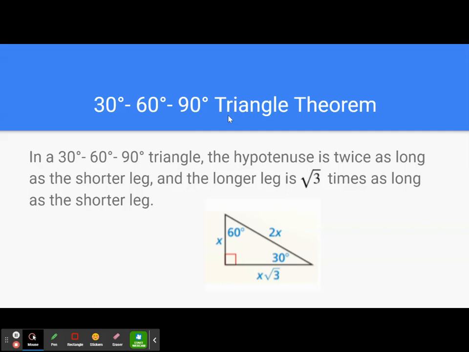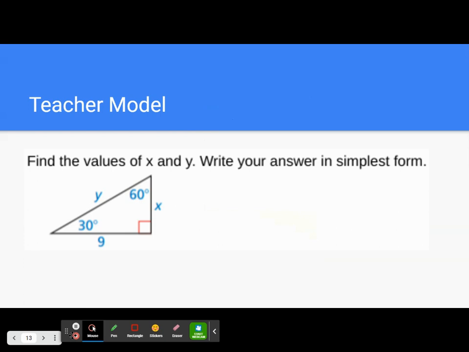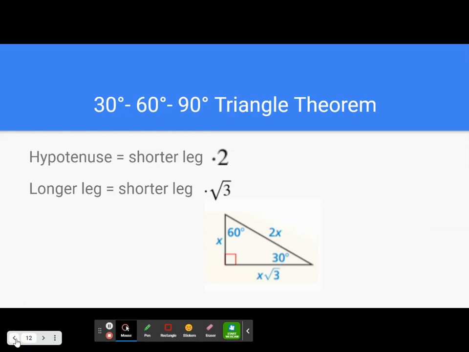All right, so then you have 2 formulas to write down at the bottom. I need you to write those 2 formulas down, please. The hypotenuse equals the shorter leg times 2.